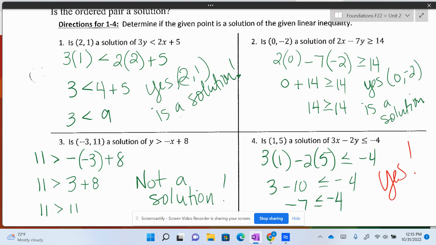You have to do the negative of -3, which is a positive, and 3 plus 8 is 11, but 11 is not greater than 11. So that is not a solution. Number 4. Miss Abigail is putting it up there for us. And number 4, -7 is less than or equal to -4. And Abigail is writing, yes, it is a solution.